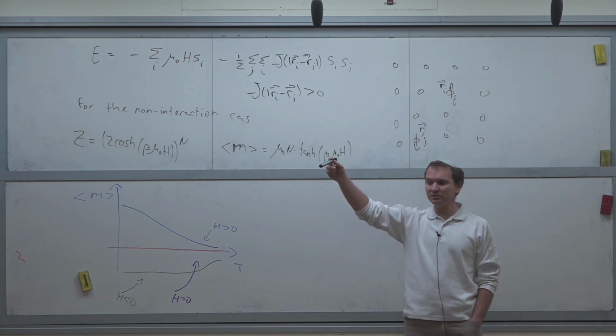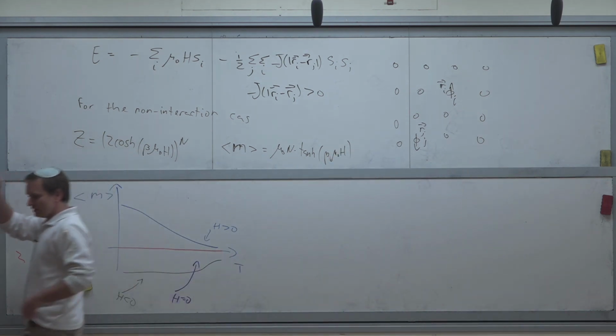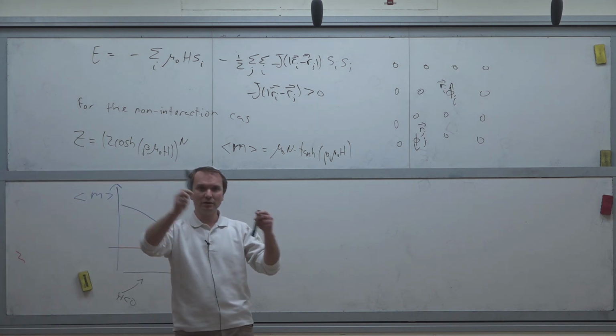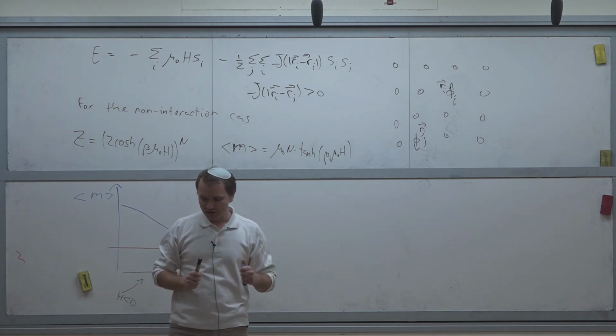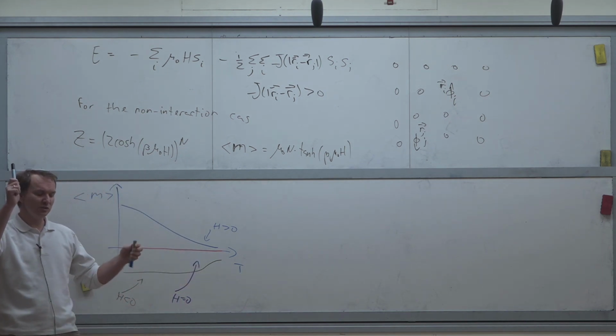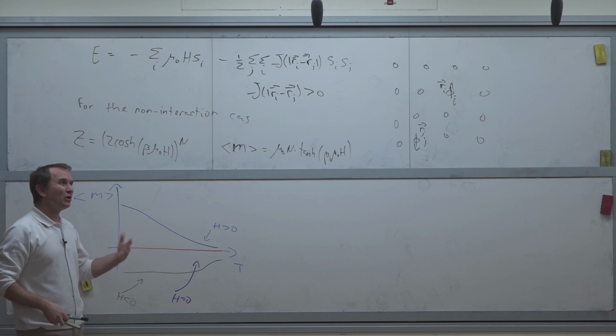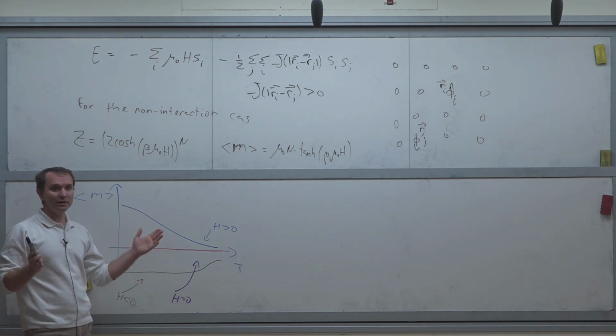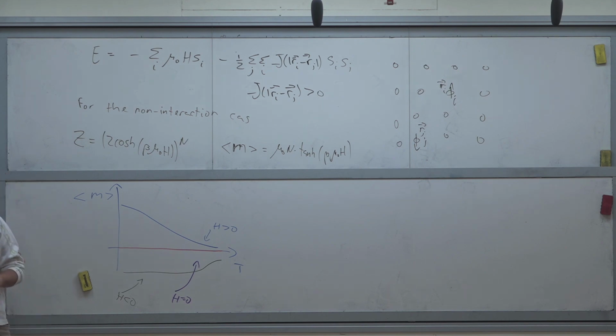Because if this particle is pointing up and it's not affecting any other particles, the other particle can point down. They will just kill each other. This positive magnetization will cancel the negative one, and the total net magnetization will always be 0. So this is the symmetric case. Without any interactions, there is no preferential direction.